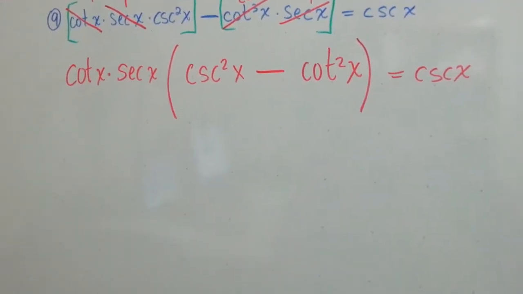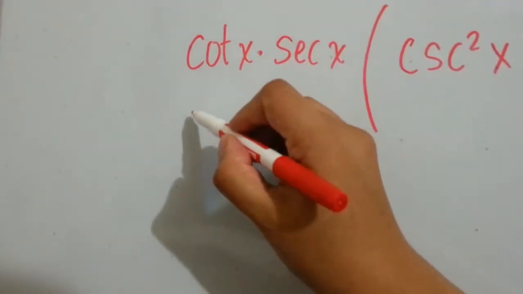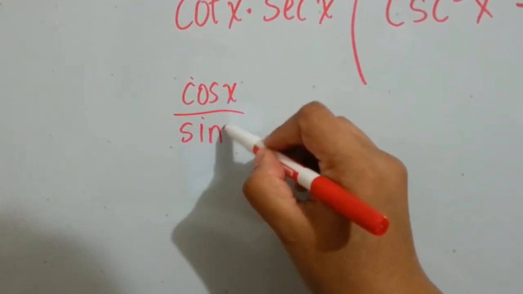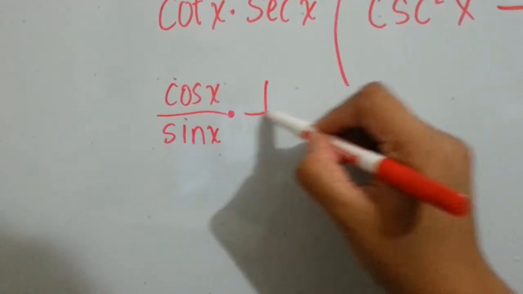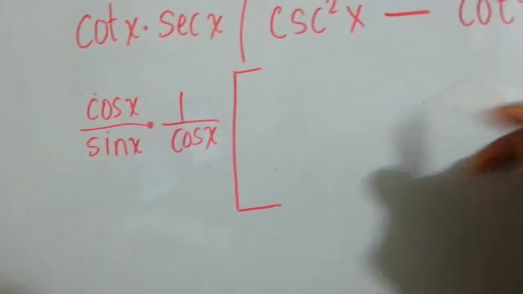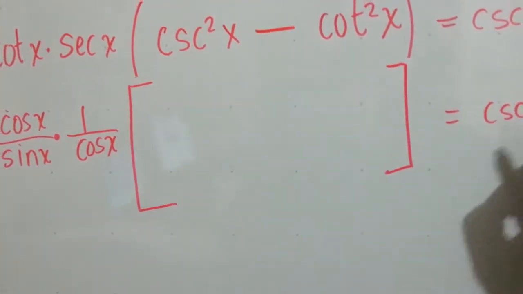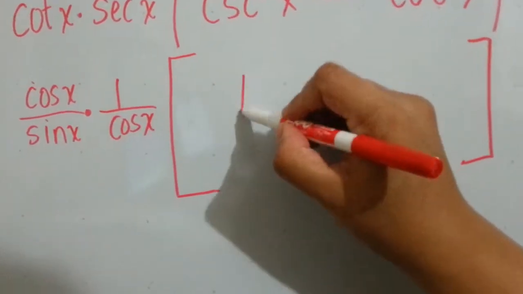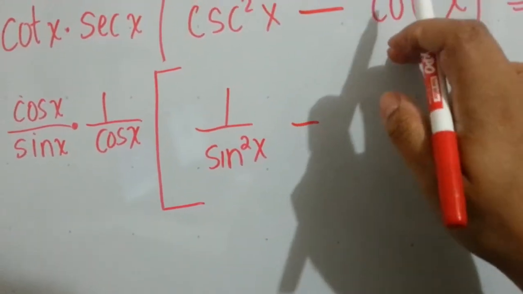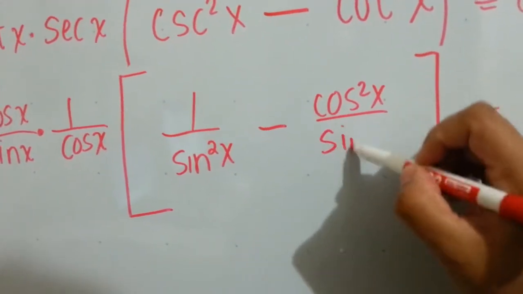Ready? Here we go. Let's change everything into sines and cosines. Cotangent is cosine x over sine x, and we're going to multiply this by 1 over cosine x, because that's what the secant is. Remember, inside the parentheses, it's its own world. Cosecant squared is 1 over sine squared x, minus cotangent squared, which is cosine squared x over sine squared x.